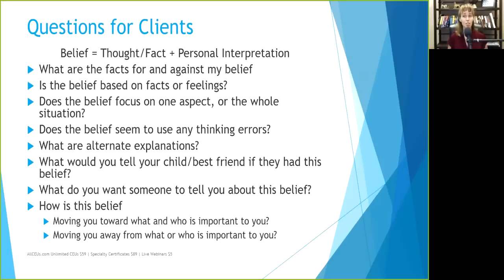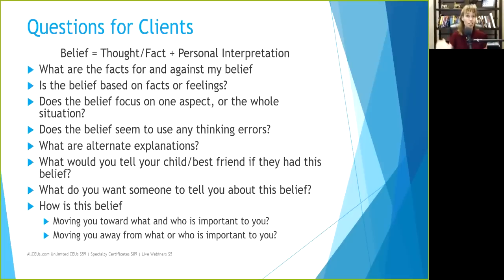Does the belief seem to use any thinking errors? What are alternate explanations? What would you tell your child or best friend if they had this belief? What would you want someone to tell you about this belief? So if you're telling somebody about this, what are you hoping they're going to say in return? And finally, how is this belief moving you toward what and who is important to you, or moving you away from what or who is important to you?